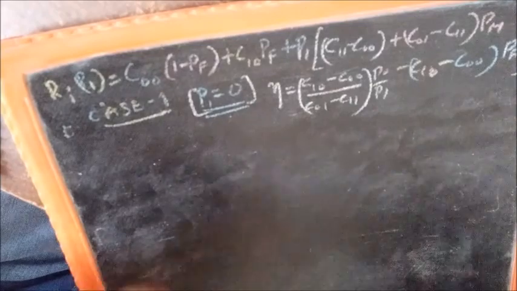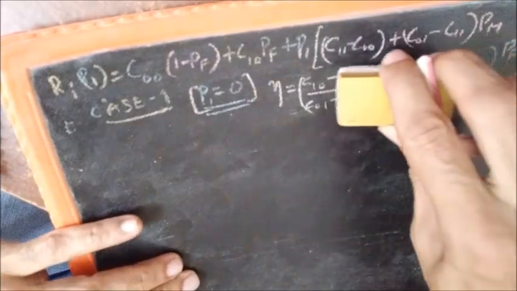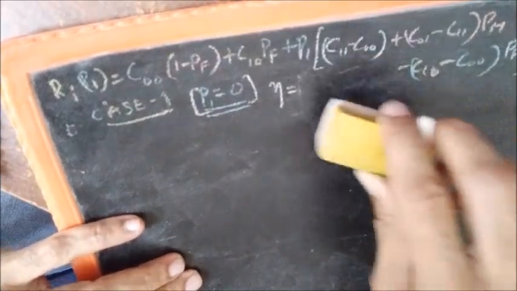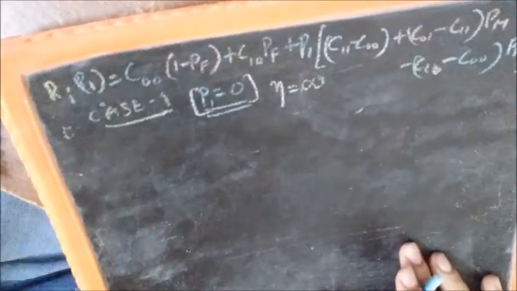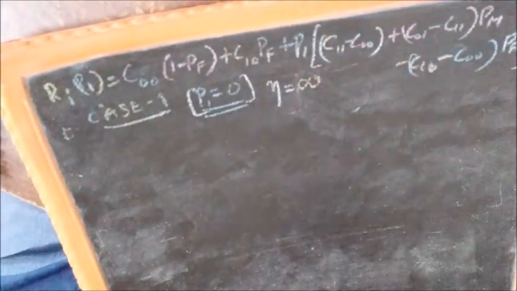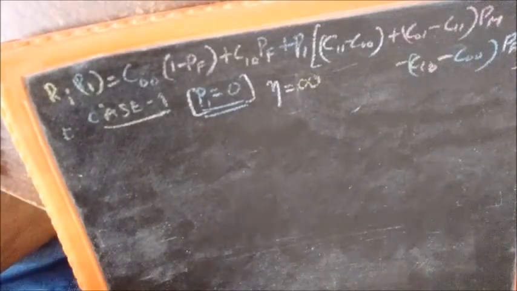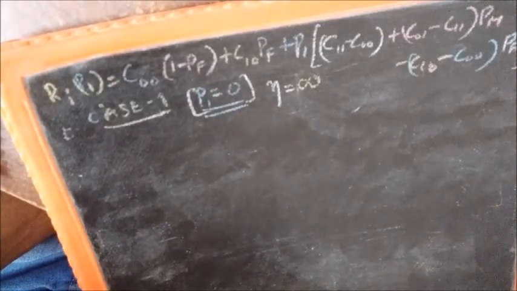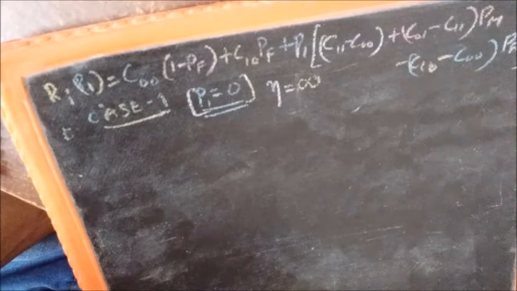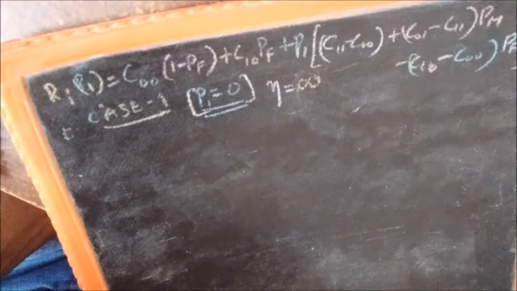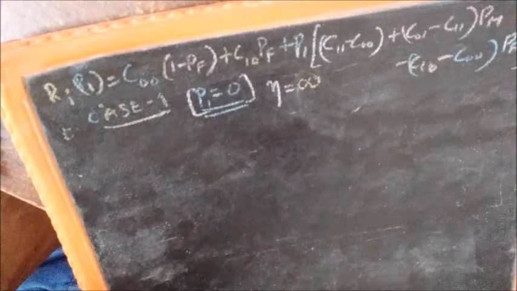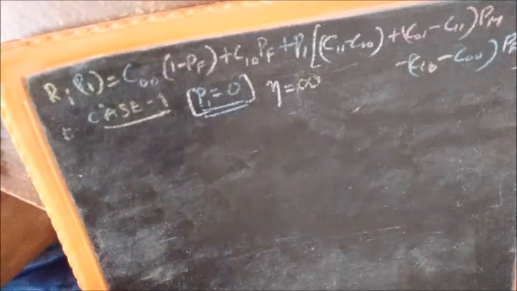We know this is the threshold, but since we have assumed P1 is 0, this threshold becomes infinity. Eta becomes infinity. So now what we are going to do is compare the likelihood ratio with infinity, and whenever the likelihood ratio is more than infinity, which is never going to happen, we are going to say H1 is the true hypothesis, and whenever the likelihood ratio is less than infinity, which is always going to happen, we are going to say H0 is the true hypothesis.